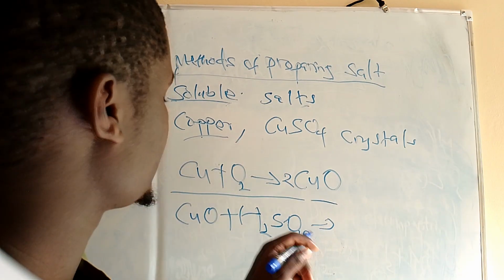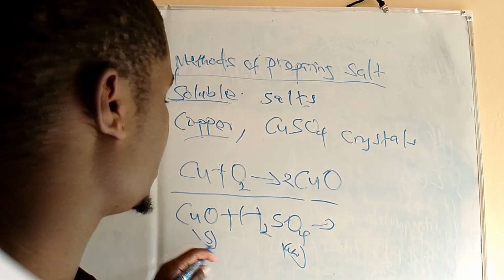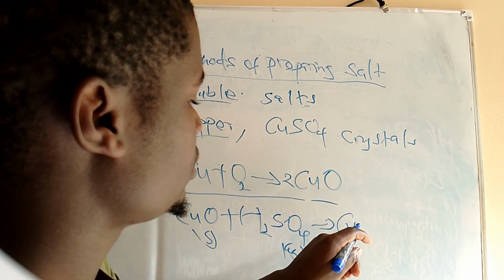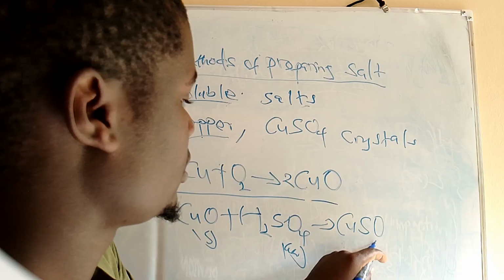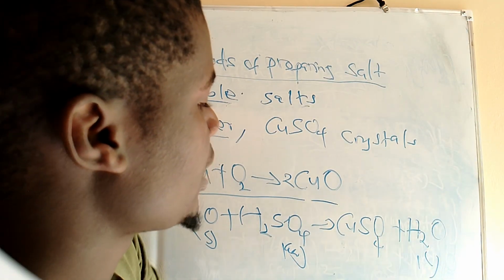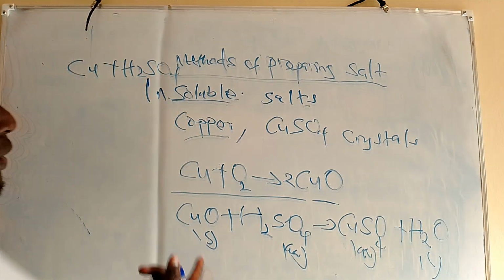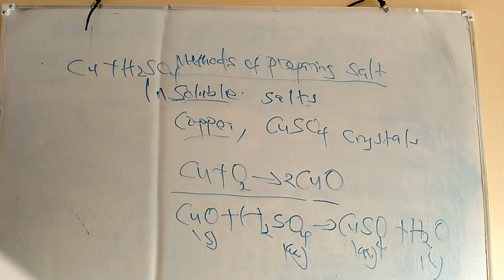This is a solid, this one is aqueous, to give us copper 2 sulfate plus water. Remember, this is a reaction between a base and an acid. The reaction between a base and an acid will give you copper 2 sulfate and water.